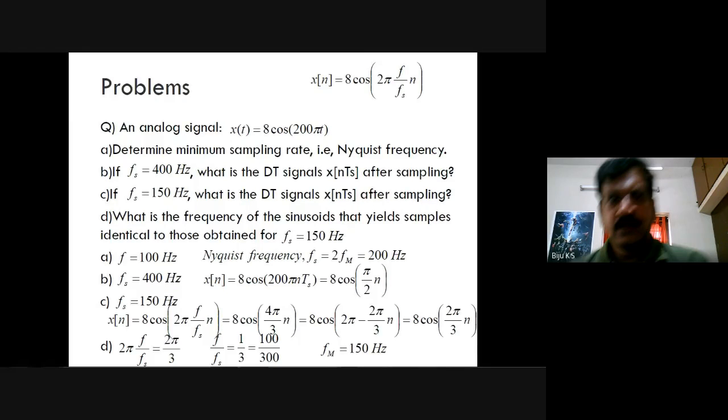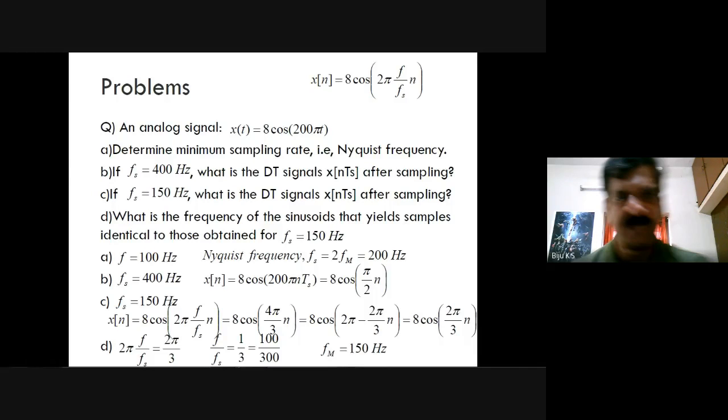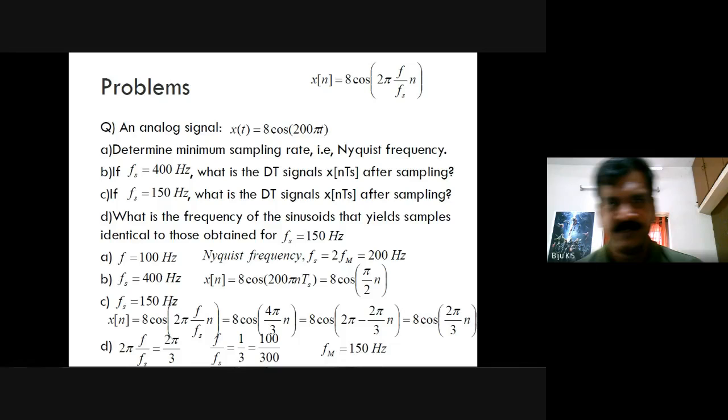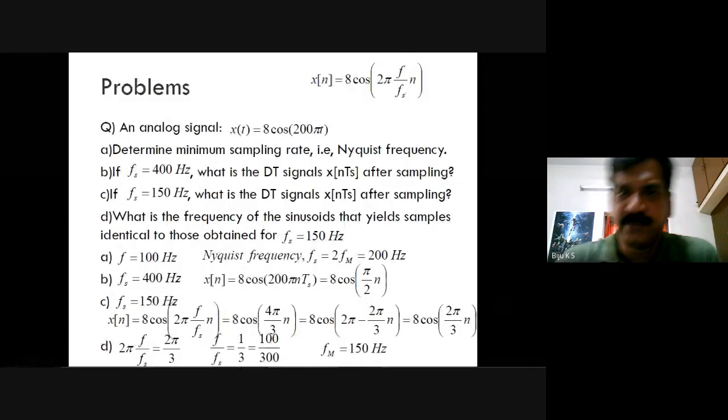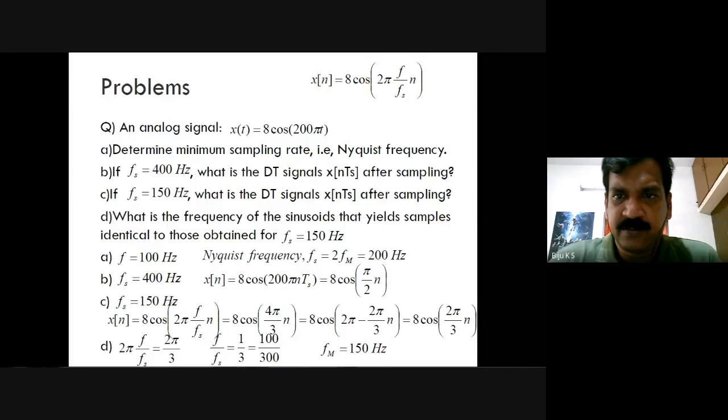Question: an analog signal x of t is 8 cos 200 pi t. First, determine the minimum sampling rate, the Nyquist frequency. If fs is 400 hertz, what is the discrete time signal?